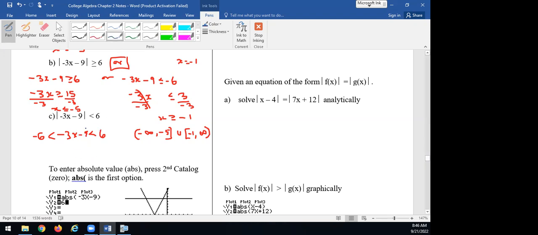In this case, we need to add 9 on both sides, right? On all the sides. So we're going to have 3 is less than negative 3x, which is less than 15. Now divide both sides by negative 3.